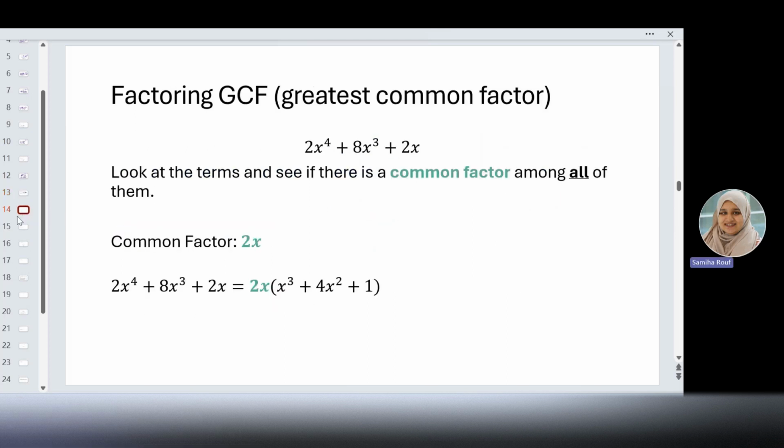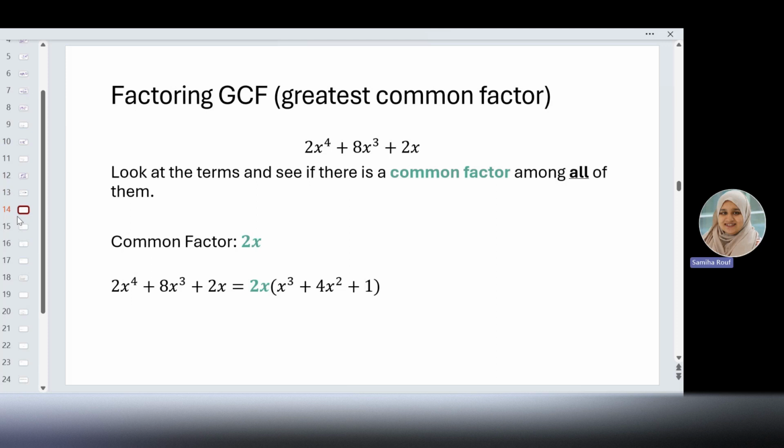So something that we often need to do is find the greatest common factor of an algebraic expression. What that means is you look at your algebraic expression, you see how many terms you have, and you're trying to determine what is an algebraic term that can divide every part of this expression without any remainders.